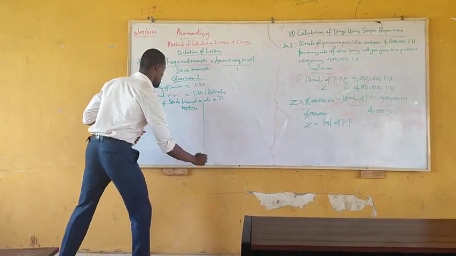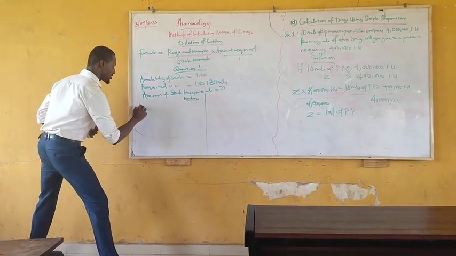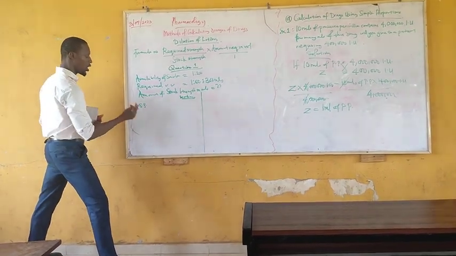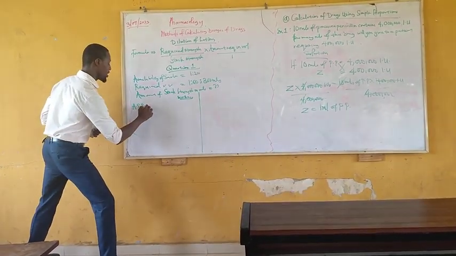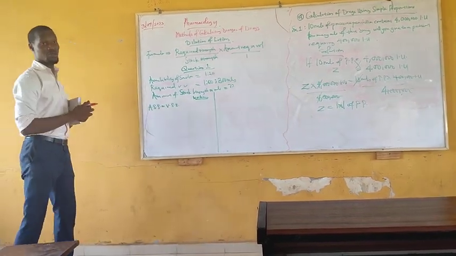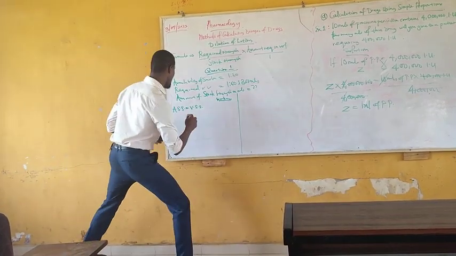So I'll put this into two space. We are looking at the amount of stock strength, or in some cases we can say volume of stock strength. So we can use our VSS.